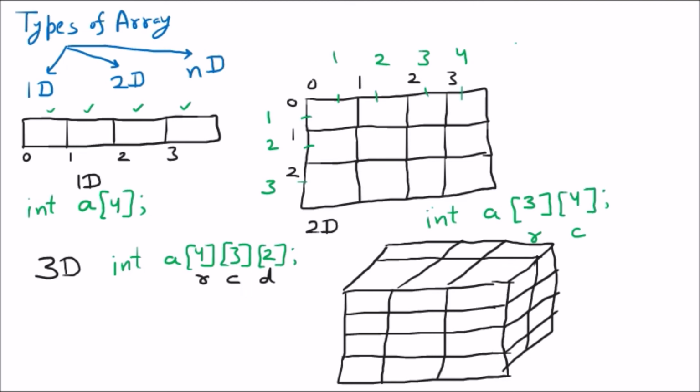If I talk about this 3D array, and let us suppose that the rows are 4. You see that this is row number 1, 2, 3 and 4. So these are the 4 rows. Now talking about the columns, they are 3. You know that this is the first column, second column and third column.